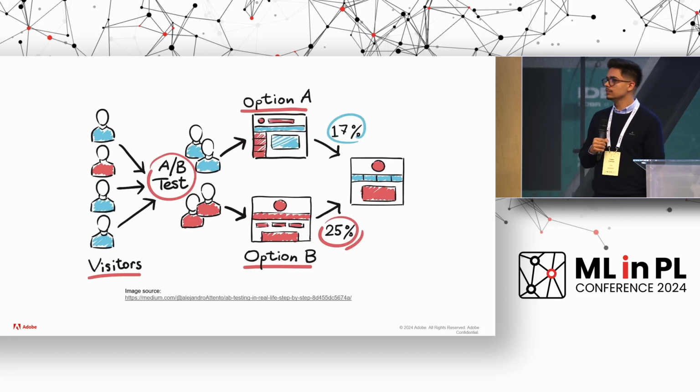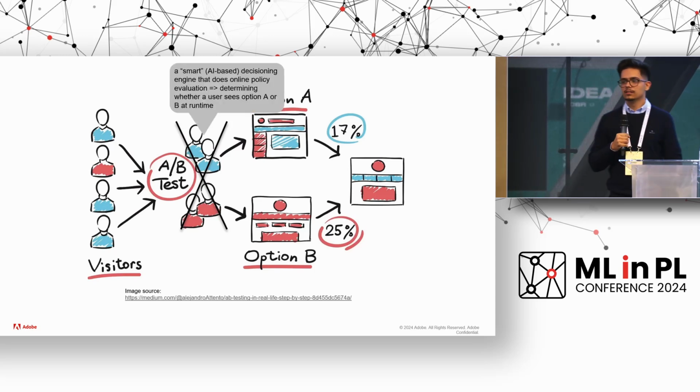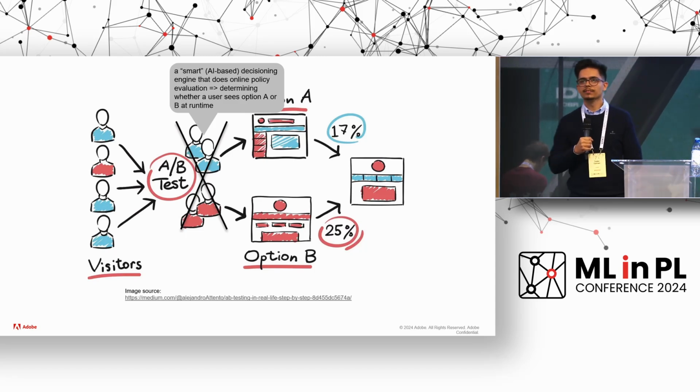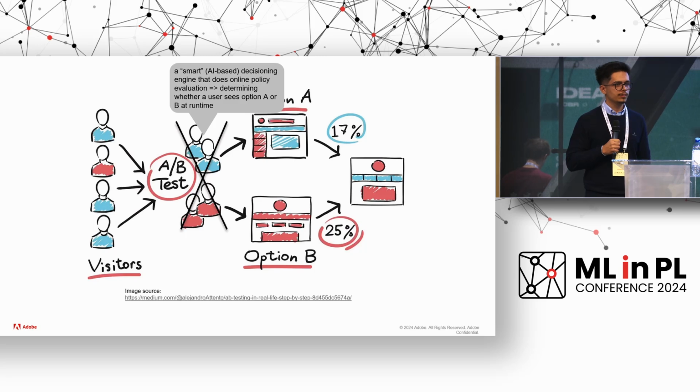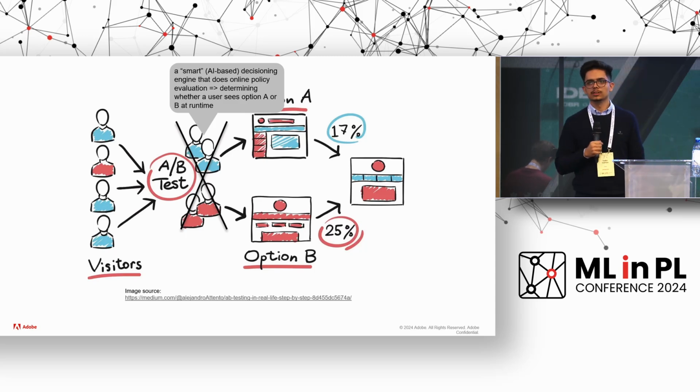So going back to this image, we determined that we need two things instead of the manual allocation. We need a smart AI-based decisioning engine that does this policy evaluation online, so each time a user accesses the resource that is under the A/B test. Basically this determines which option will be seen by the user during runtime.